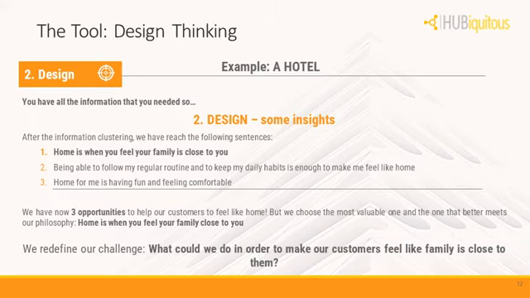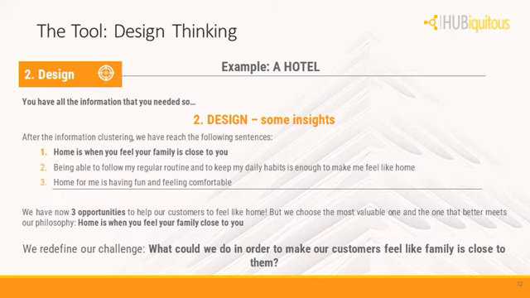So we have now these 3 opportunities, and we have to choose the best one, or the one that meets our philosophy and values. According to that, we choose that home is when you feel like your family is close to you.